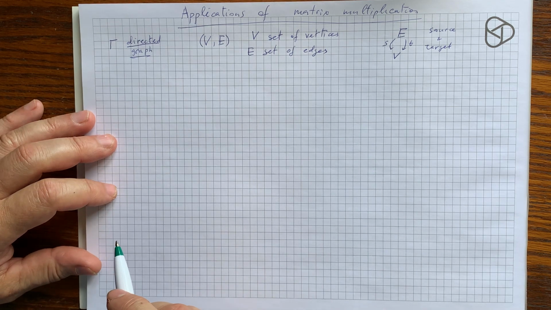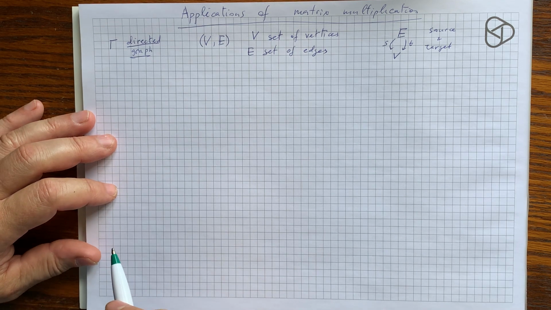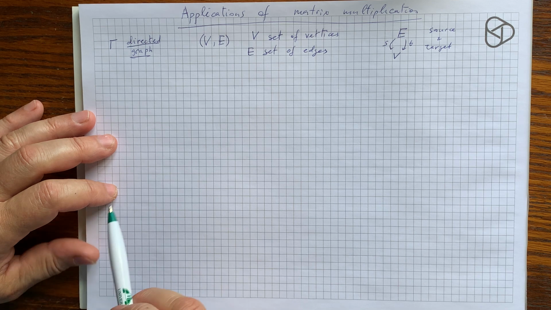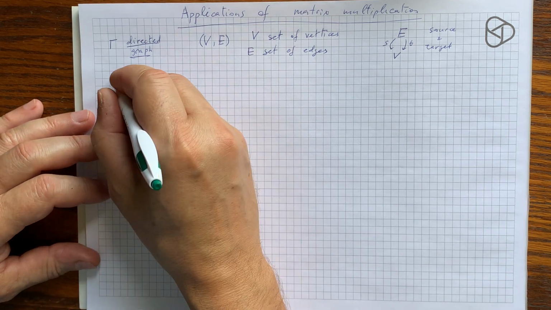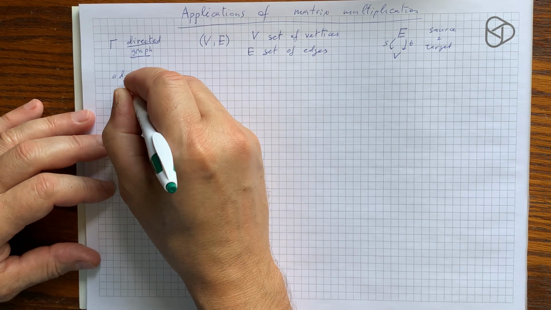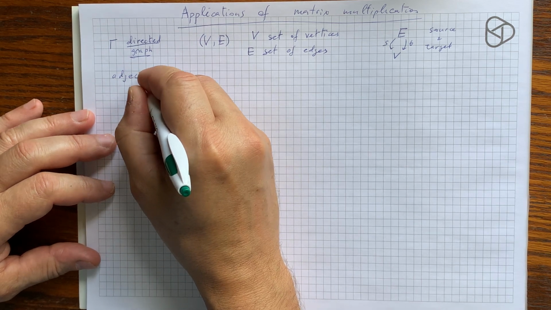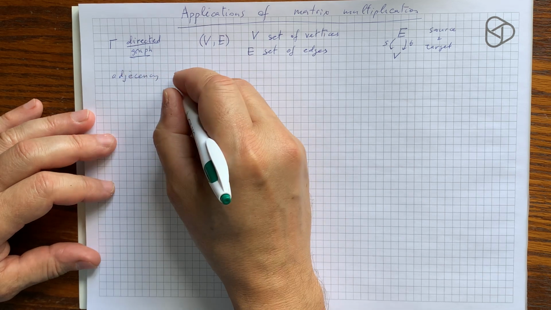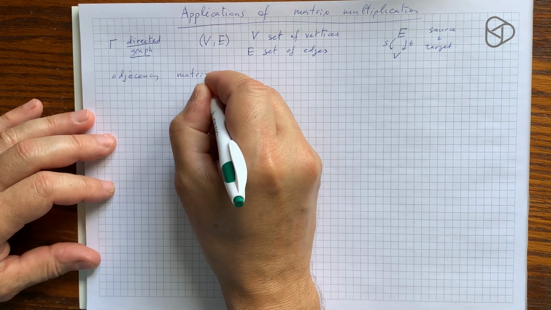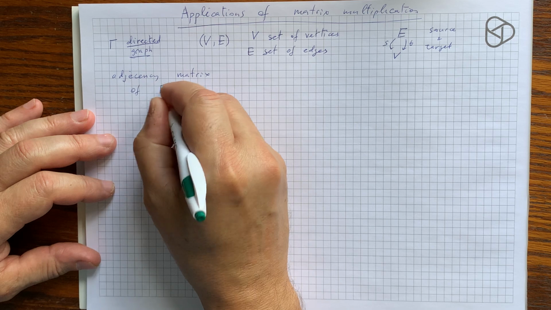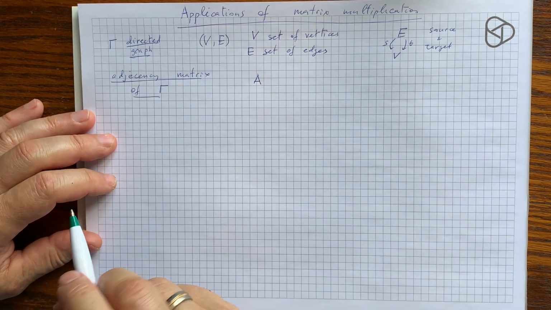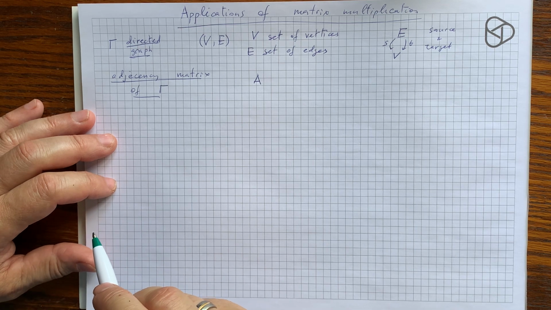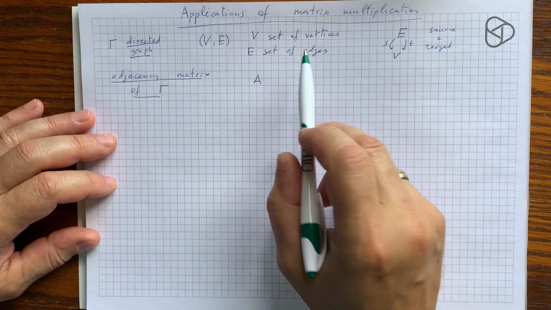And we can associate a natural matrix, even better. We can record the graph by just a matrix, called the adjacency matrix, which is a square matrix with as many rows and columns as vertices.